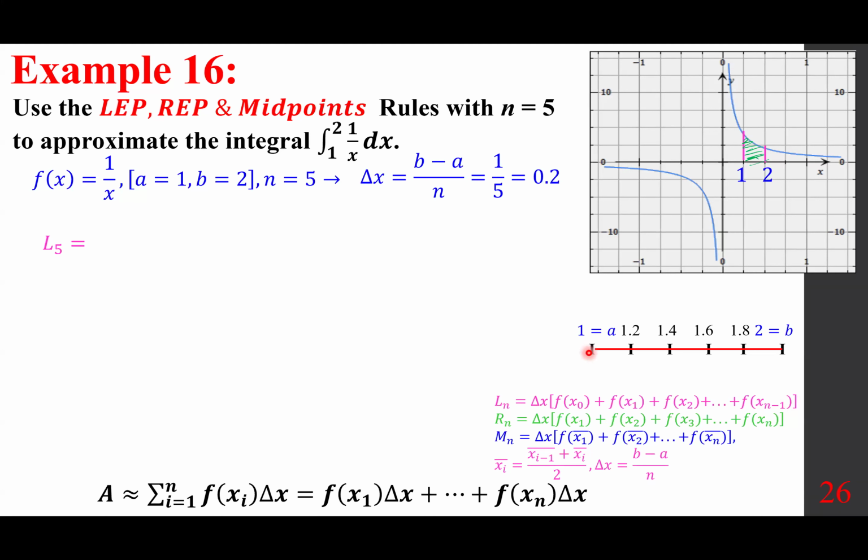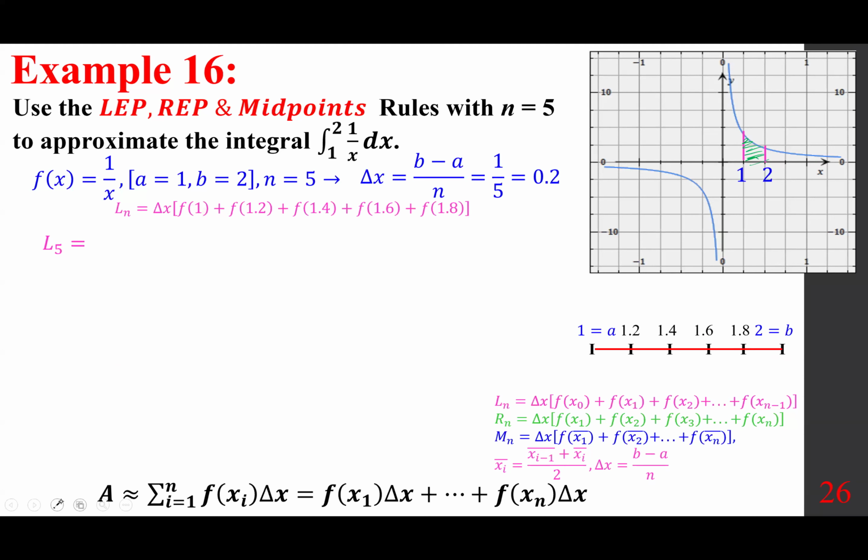When you want to use the left endpoints, use all of these except B. This one, this one, this one, and this one. So you want delta x, which is 0.2, times f of 1 plus f of 1.2 plus f of 1.4 plus f of 1.6 plus f of 1.8. Again, don't choose the last one because you're using the left ones.